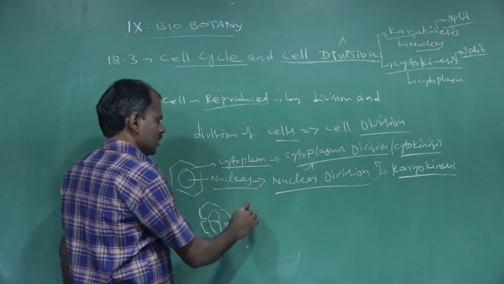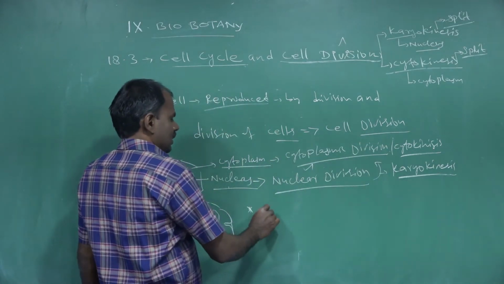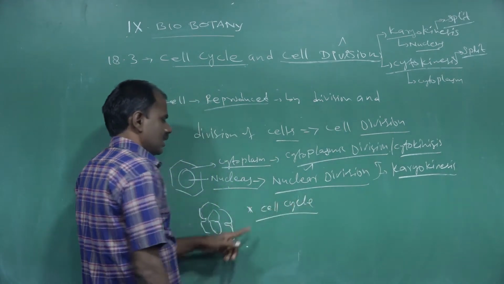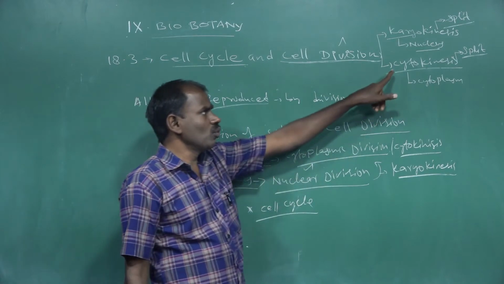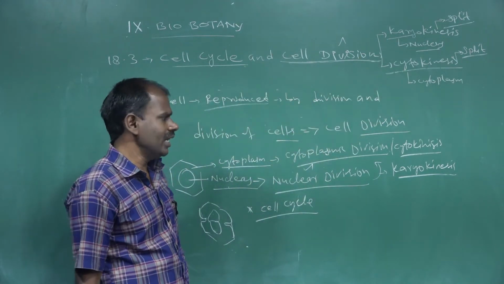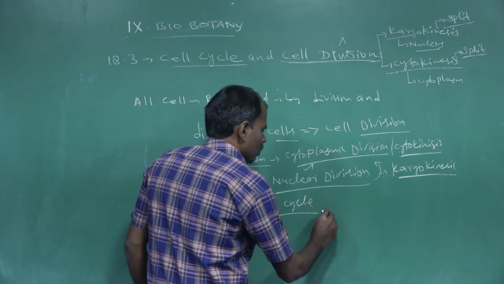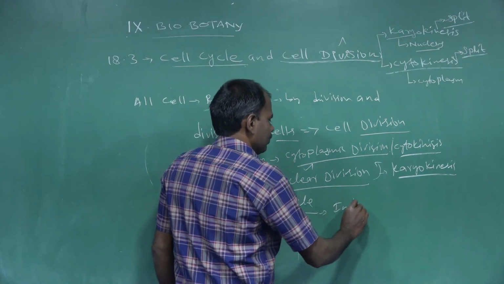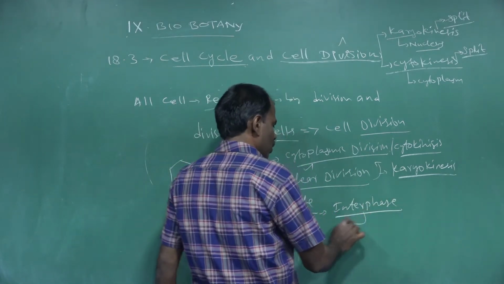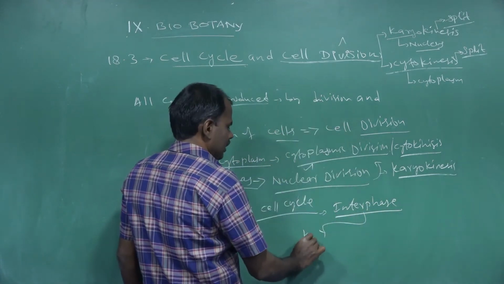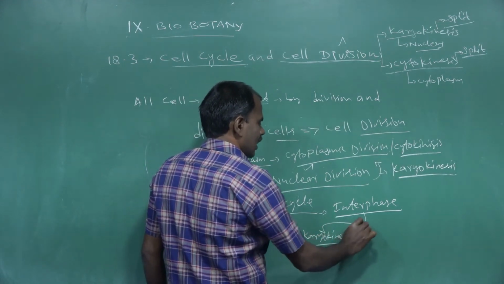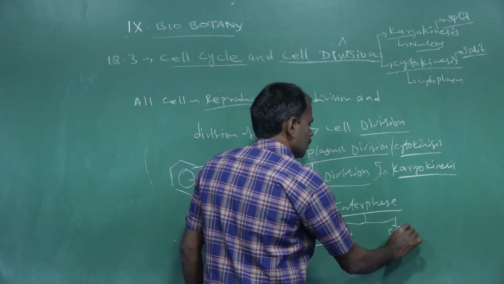So the next topic is the cell cycle. The cell cycle follows these two processes, karyokinesis and cytokinesis. The first process is interphase. Interphase is followed by karyokinesis and cytokinesis.